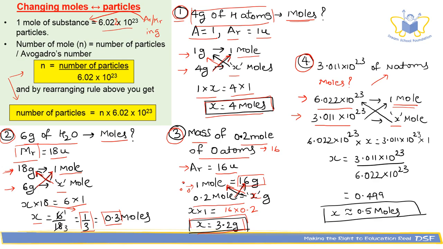Let's say x moles. So when you cross multiply, you get 6.022 x 10^23 into x is equal to 3.011 x 10^23 into 1, which is nothing but x is equal to 3.011 x 10^23 divided by 6.022 x 10^23. These two will get cancelled and you're going to get 0.499, which is approximately equal to 0.5 moles. So therefore, half of 6.022 x 10^23 gave you 0.5 moles of nitrogen atoms.